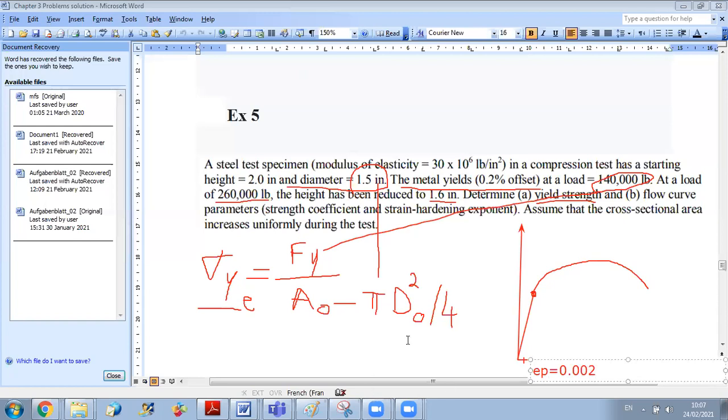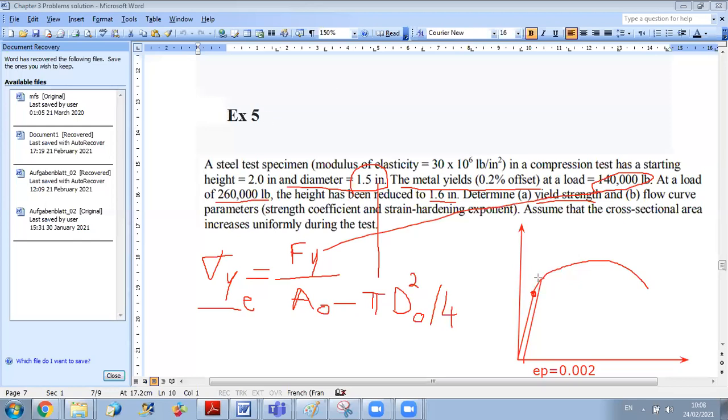And from here, we draw a line parallel to the elastic region. In general, we use this method when we are not sure about the point, meaning the point is not very well defined in the figure. We use this method to determine the yield.